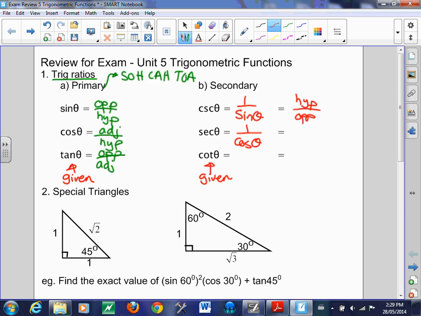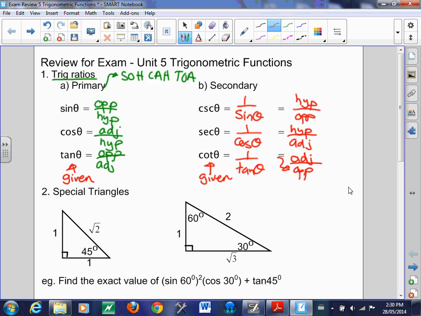So flip that one, it's going to be hypotenuse over adjacent. And cotangent's the inverse of tangent, so 1 over the tan theta, and that equals adjacent over opposite. Running out of room there.